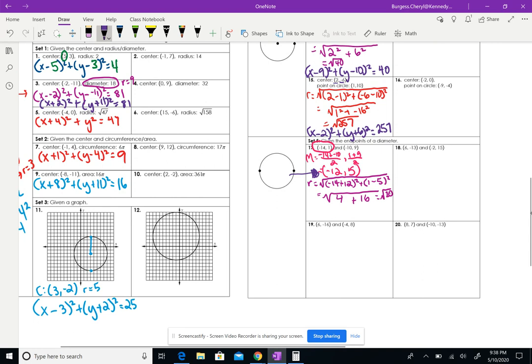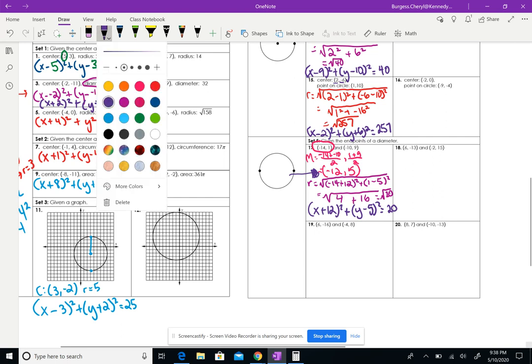Better sooner than later, right? So this is circle formula x minus negative 12 squared plus y minus 5 squared equals the square root of 20 squared, which is 20. All right. So not too bad mathematically. Just 3 steps.